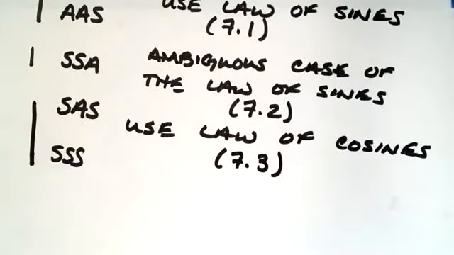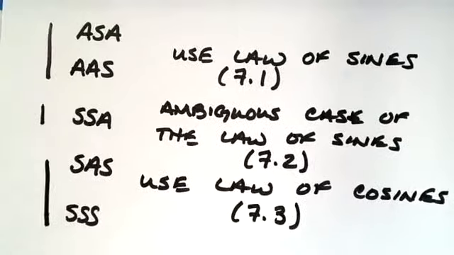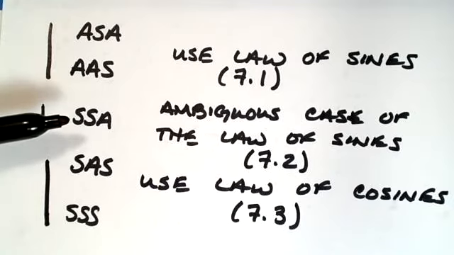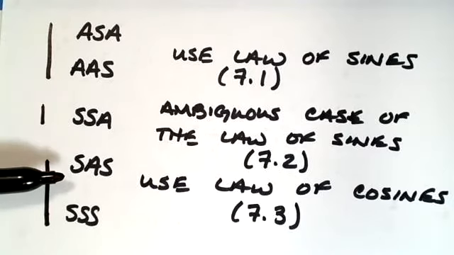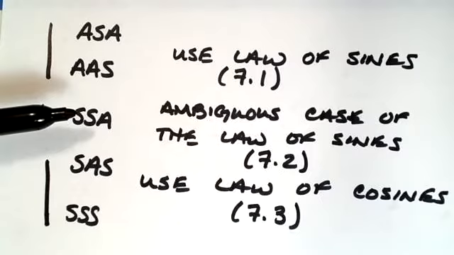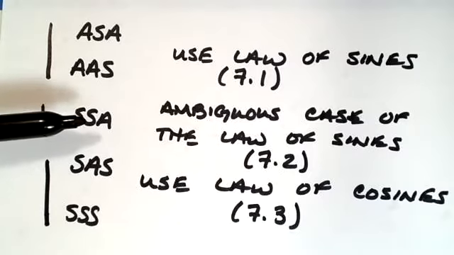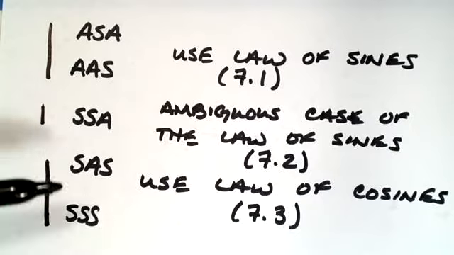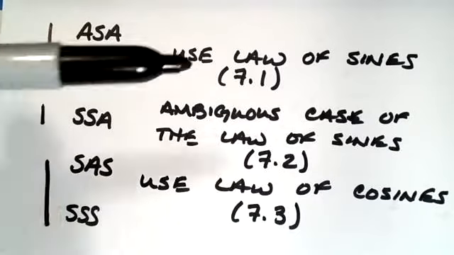So when you're approached with an oblique triangle that you need to solve, the first thing you need to do is decide which one of these three types it is. Is it two angles and a side? Do we have an included angle between two sides, or is it a non-included angle with two sides known? Is it side, side, side? And once you can decide which kind this is, then you know which method to use.